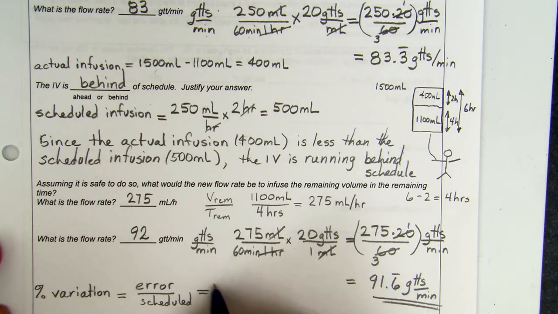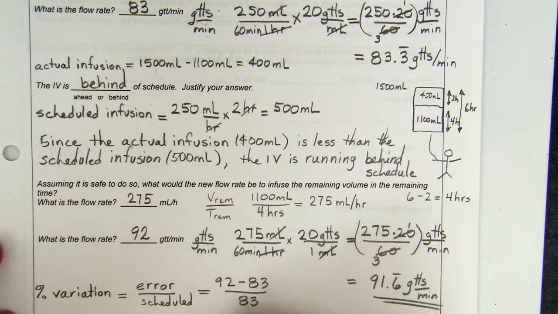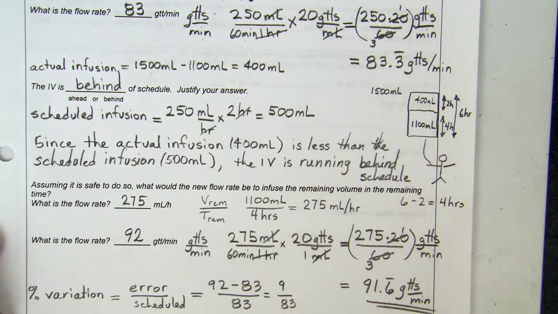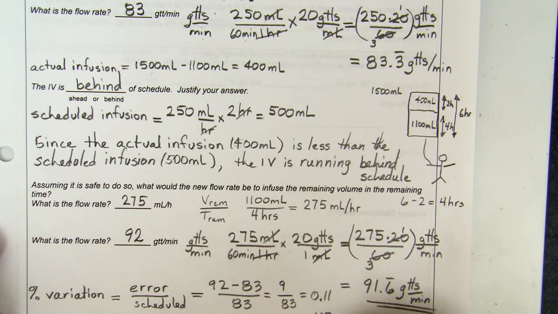This would be the 92 from 83, and we're going to compare it against the scheduled amount of 83 drops per minute. So this is what it looks like, 9 drops per minute getting adjusted, moving ahead faster, and we'll compare that against the 83. I'll use a calculator to help out here. Looks like this is going to be, I'll just round here, 0.11, or 11%.